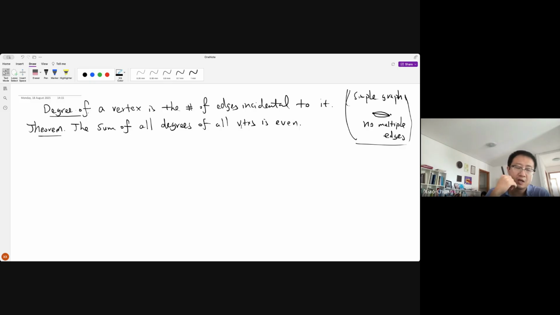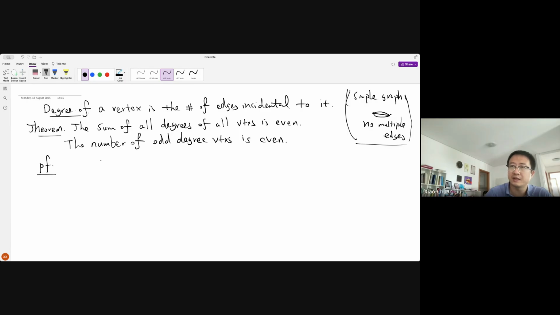And therefore the number of all the odd degree vertices is even. So I explain. The proof is really simple.